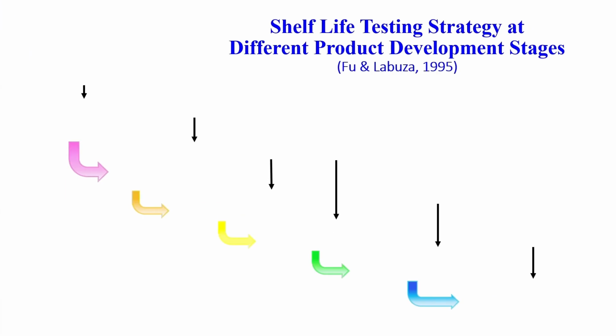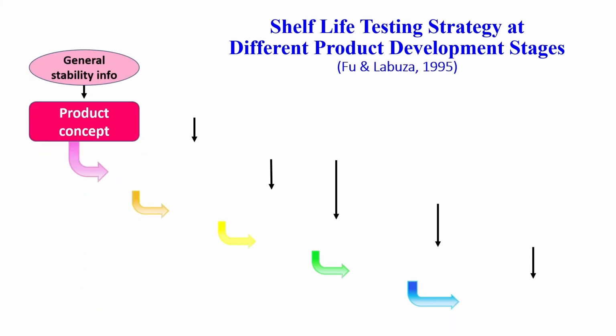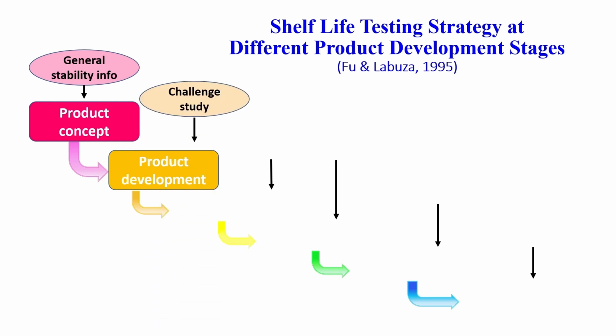So let's continue. According to Fu and Labuza in 1995, they suggested different types of shelf life testing strategies at different product development stages. First stage, during the product concept, we need to get the general stability info. Then, during the product development stages, we can do challenge studies, like the microbial challenge study.